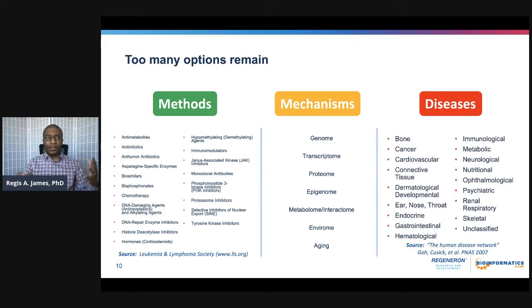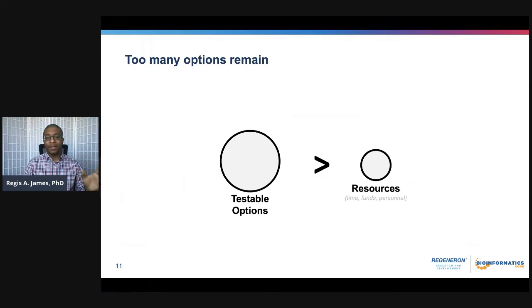And in terms of diseases, there are also a wide range of categories that can occur within patients. So this isn't even an exhaustive list, but in short, it means that the amount of testable options can far outweigh the amount of resources that are available. And by resources, I mean time, funding, and personnel. It's literally just impossible to investigate everything.